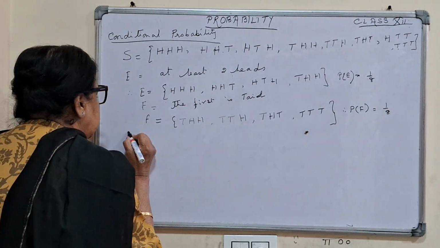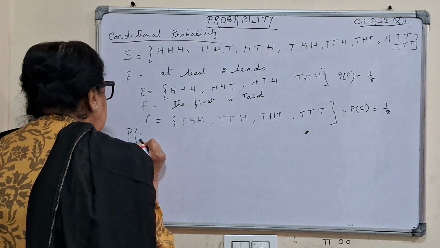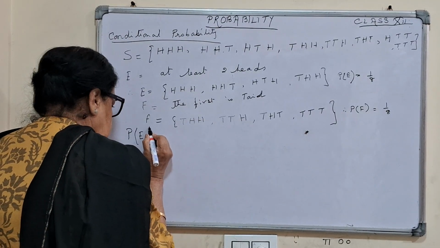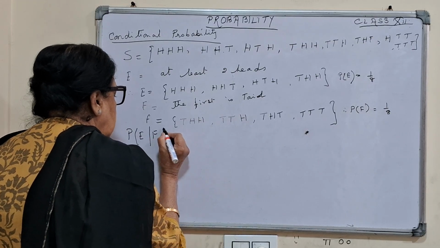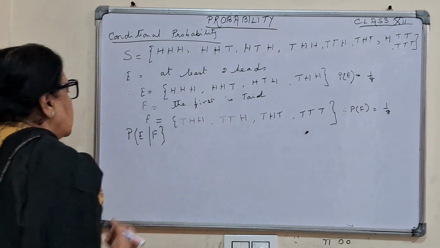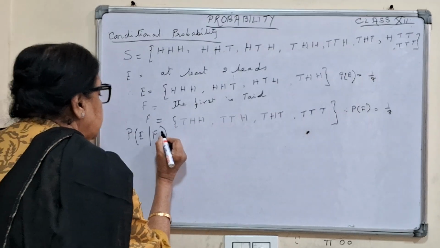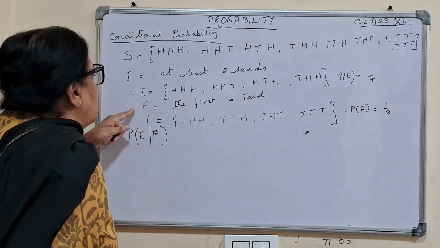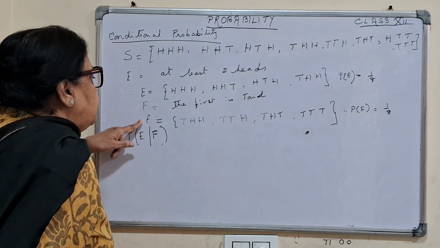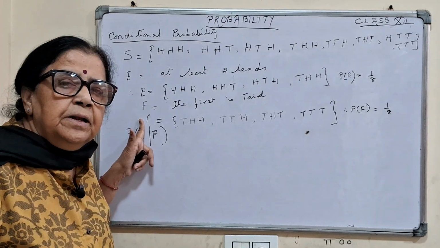I am writing P of E given F. What do you mean by E given F? That means F has already occurred, and in that, what is the probability?